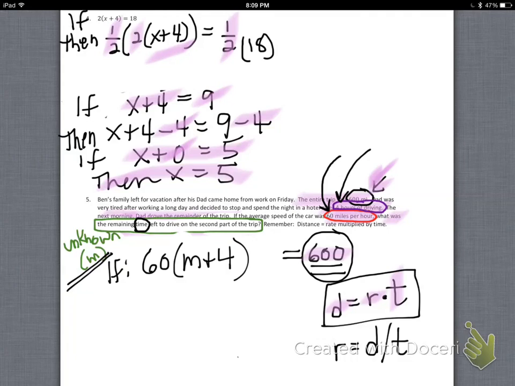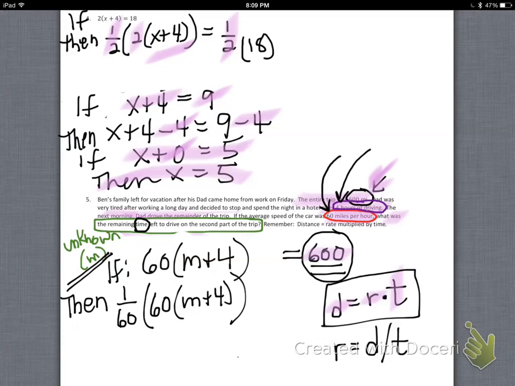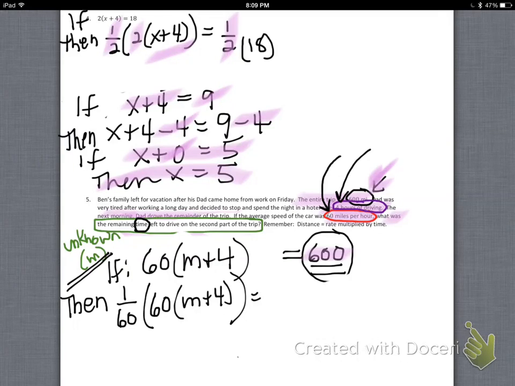I can multiply by the multiplicative inverse of 60, so I'd have 1/60th times 60 times (m plus 4) equals 1/60th times 600.